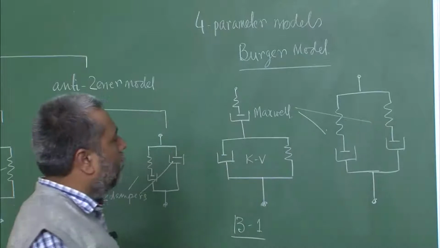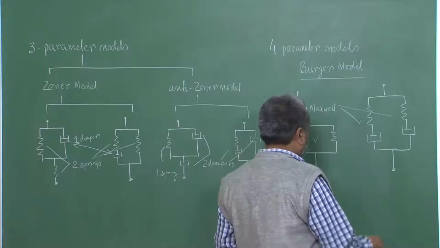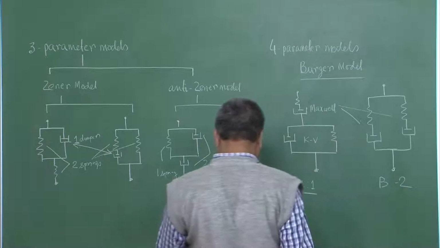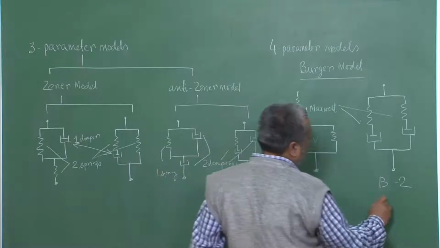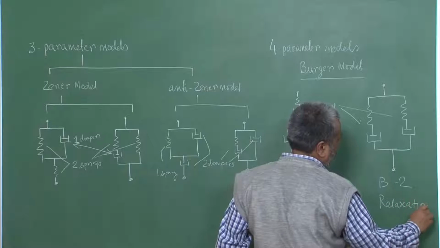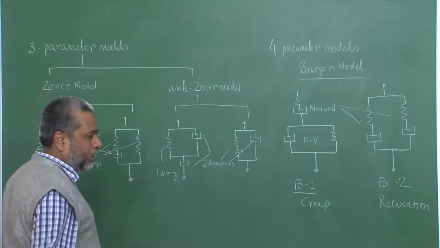You have 2 Maxwell models in parallel like as if a KV form. So, this is B2. Once again B1 model is used mostly for creep and B2 model is used mostly for relaxation. So, these are the 3 parameter and 4 parameter models.